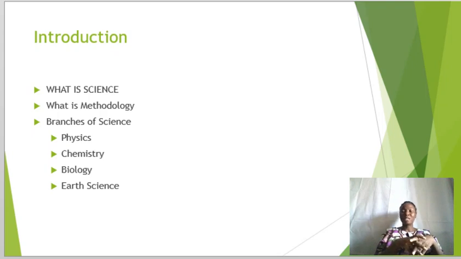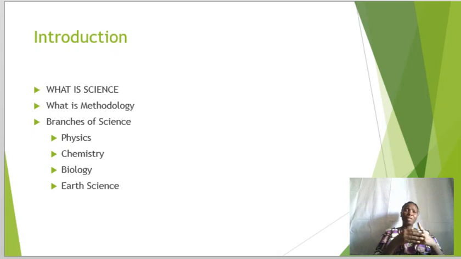Then we have earth science, which is the study of natural processes that shape the earth, such as geography, oceanography, meteorology, and such likes. Then what is methodology? It is a study of methods. Initially I said science is majorly the study of the physical and natural world through observation and experiment.